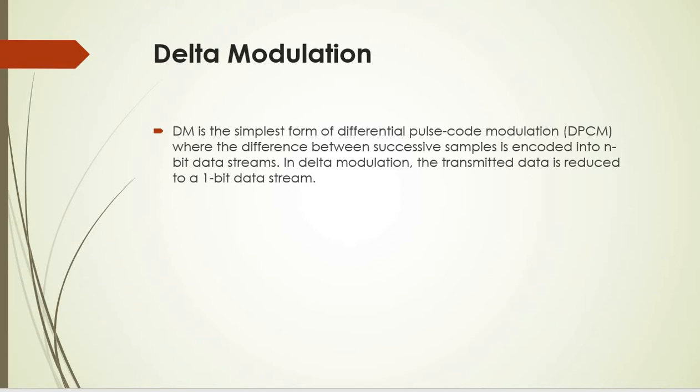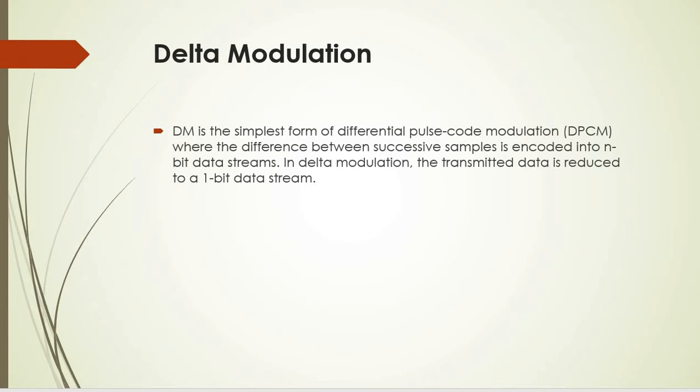That is, the input signal is first converted into a stair-step approximated signal whose step size is constant. In a comparator, the difference between the input signal x(t) and the stair-step approximated signal is compared, and it is brought to two levels, plus delta and minus delta.